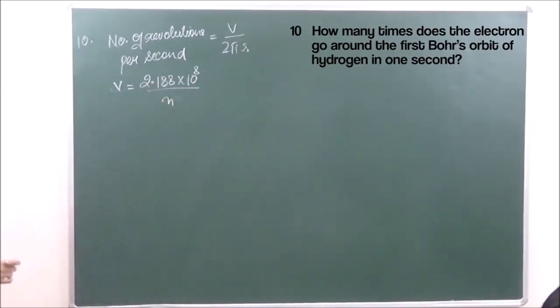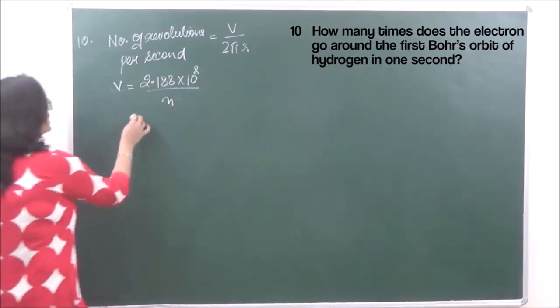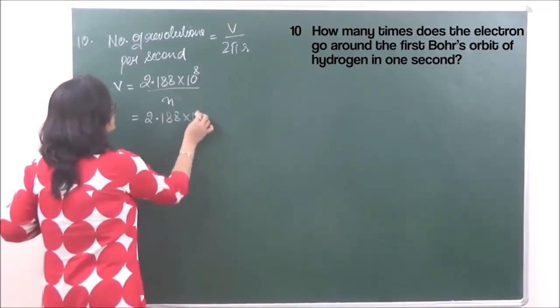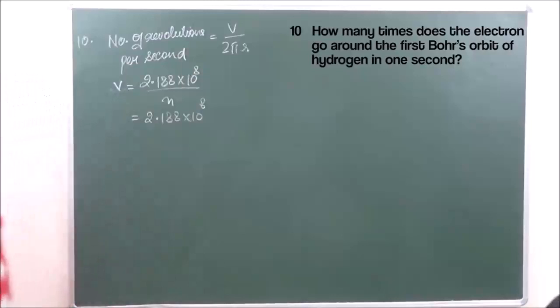Velocity is equal to 2.188 into 10 raised to power 8 upon n. n given is 1. So velocity will become equal to 2.188 into 10 raised to power 8. Now you can calculate the number of revolutions.